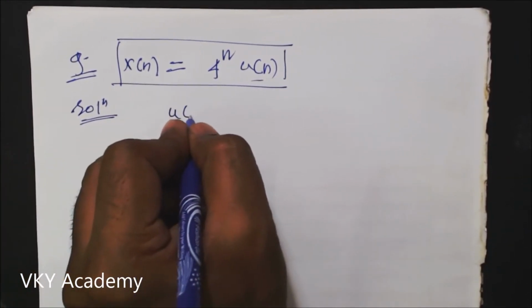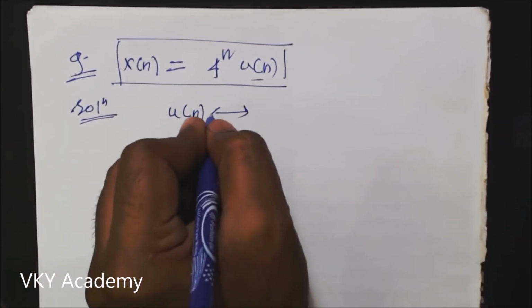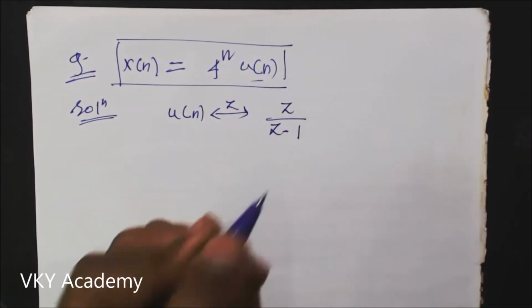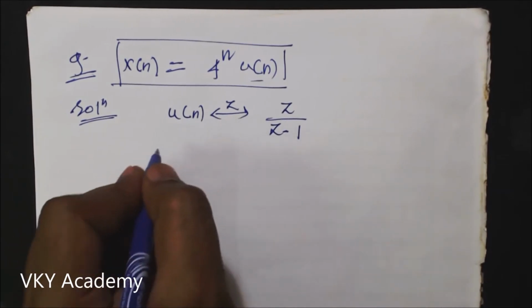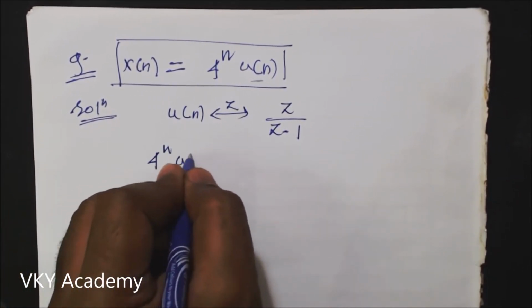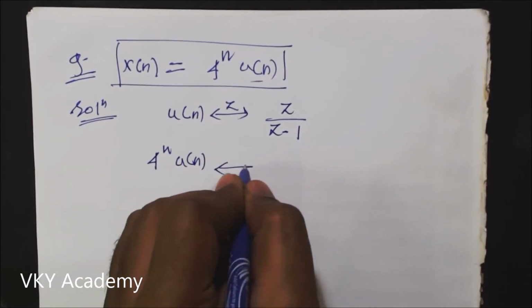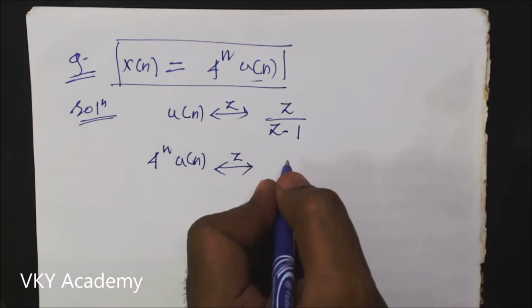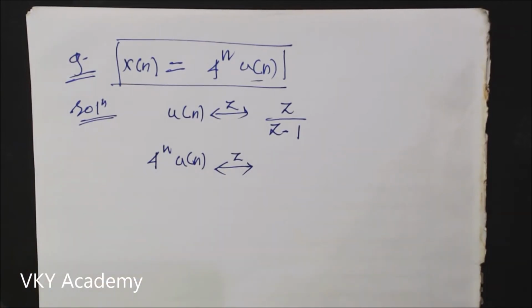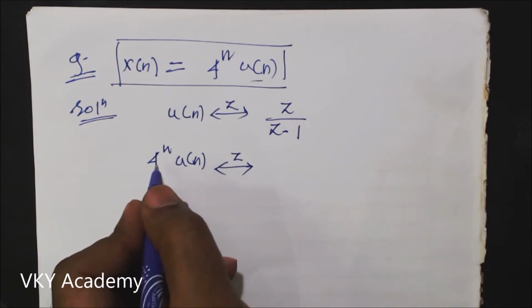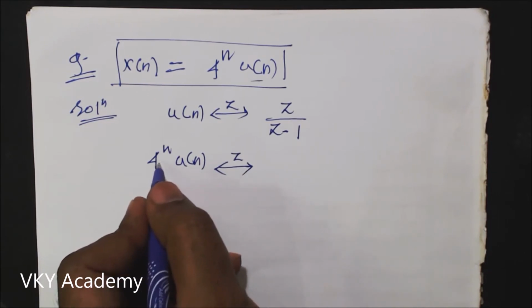We know u of n has a Z transform z by z minus 1. Now the new function is 4 to the power n u of n, where this 4 plays the role of a, and the property states that z will be replaced with a inverse z, or you can say 4 inverse z.